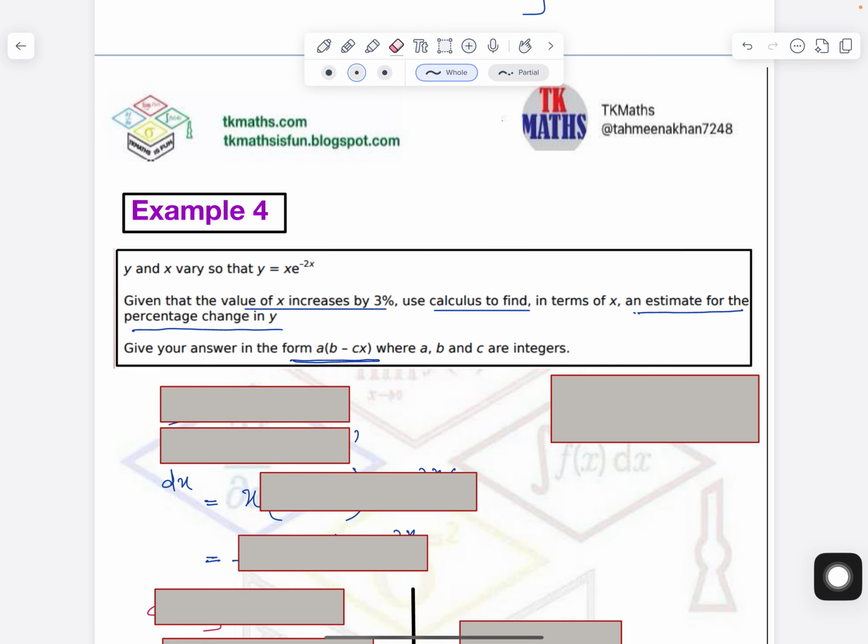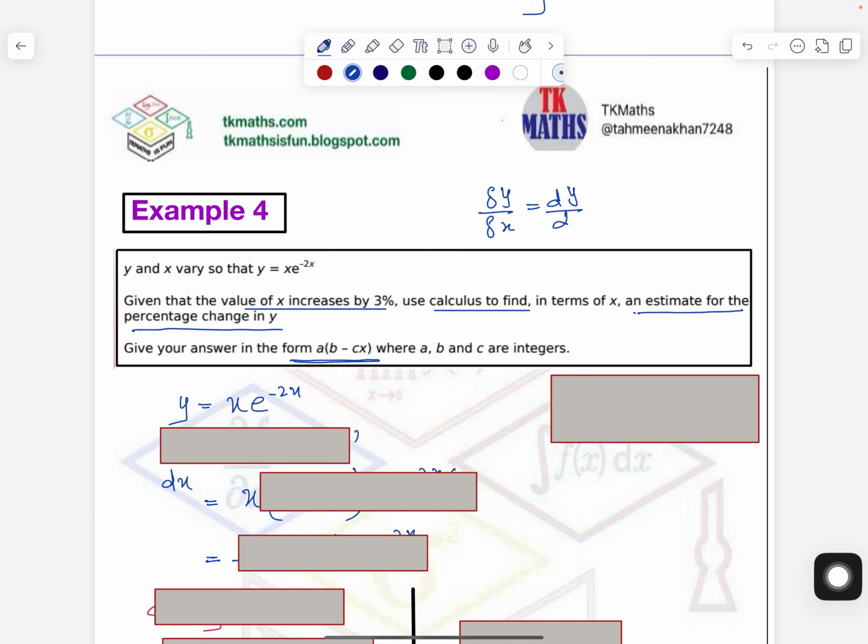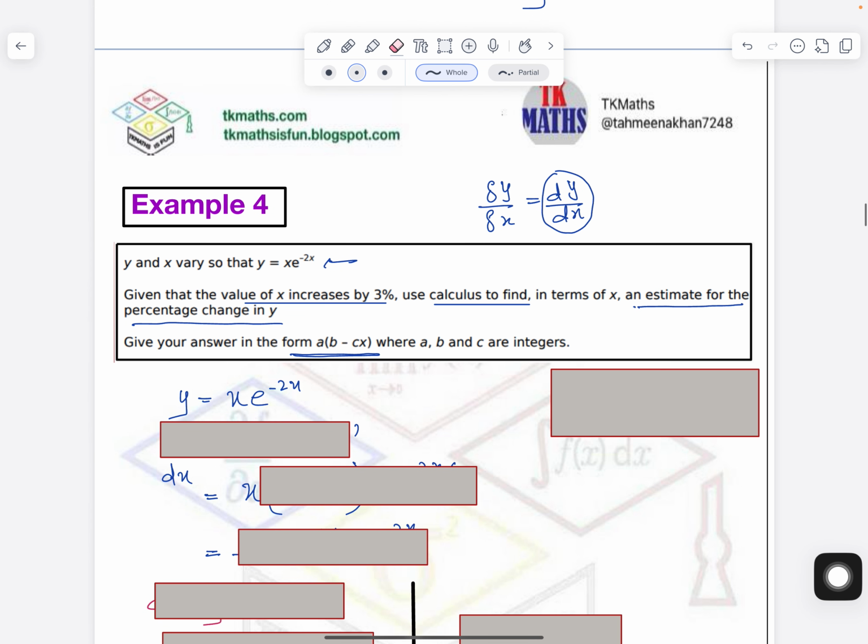So first of all, let's find out the basic information. Of course, I have to find dy over dx, because the formula is delta y over delta x is equal to dy over dx. So I need the derivative of y with respect to x. It means I have to differentiate it. And I can see clearly it is in the form of the product rule.